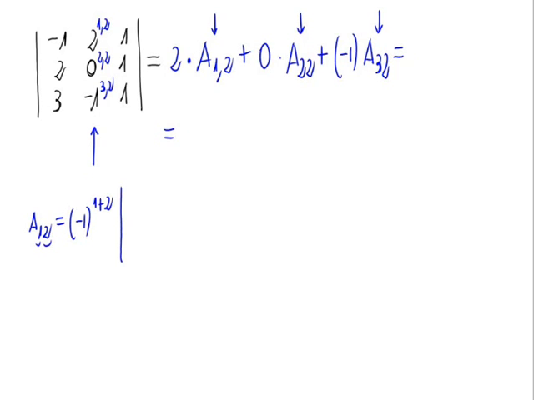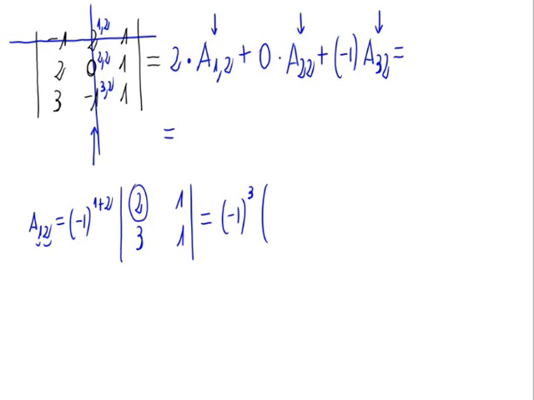We have to cross out its line and its column and copy in the small determinant the other elements, that is the 2 and the 3 and the 1 and the other one. So now we have to calculate this right here. -1 raised to the 3 times 2 times 1 minus 3 times 1, that is 3.